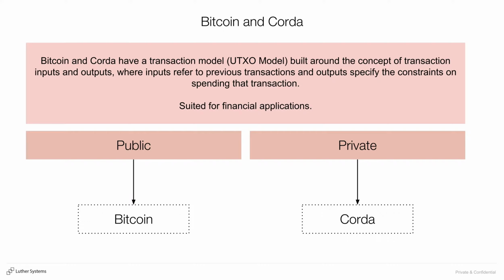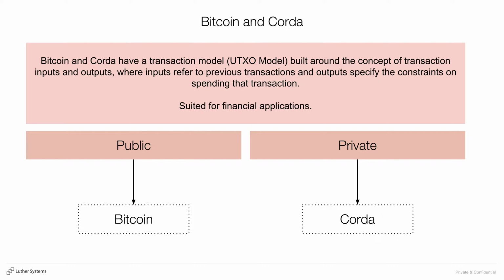And so what that means is, in both the Bitcoin and the Corda network, you have organizations creating transactions, and as part of the creation of that transaction, they're specifying what inputs there are to that transaction and the constraints on how that new transaction could subsequently be spent at a later point in time.